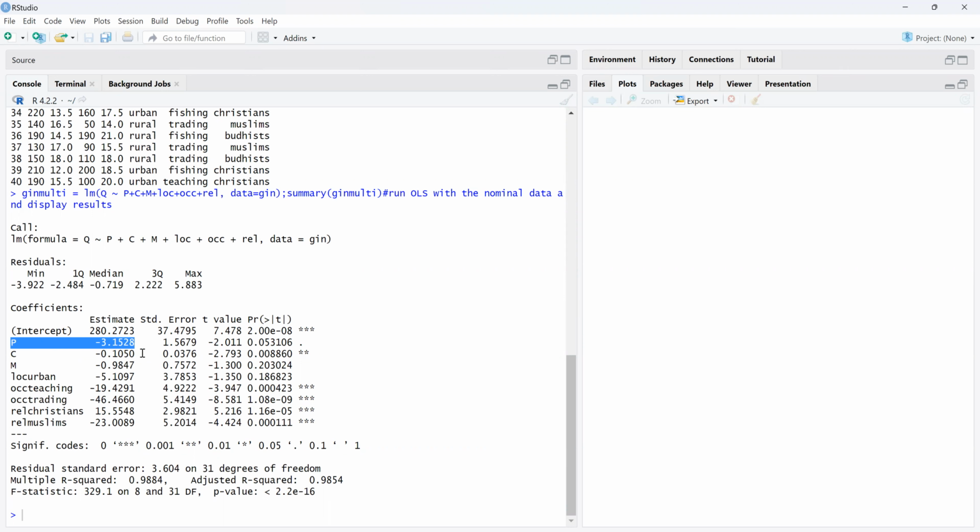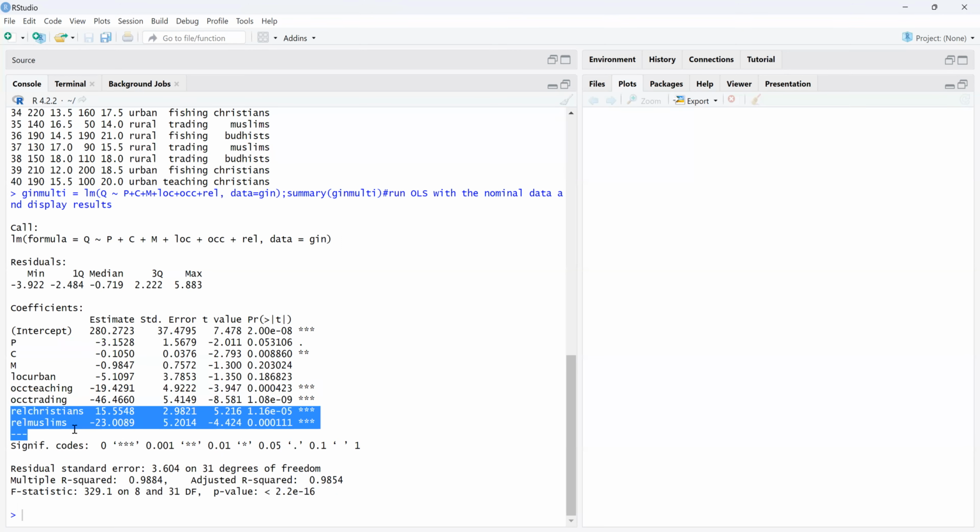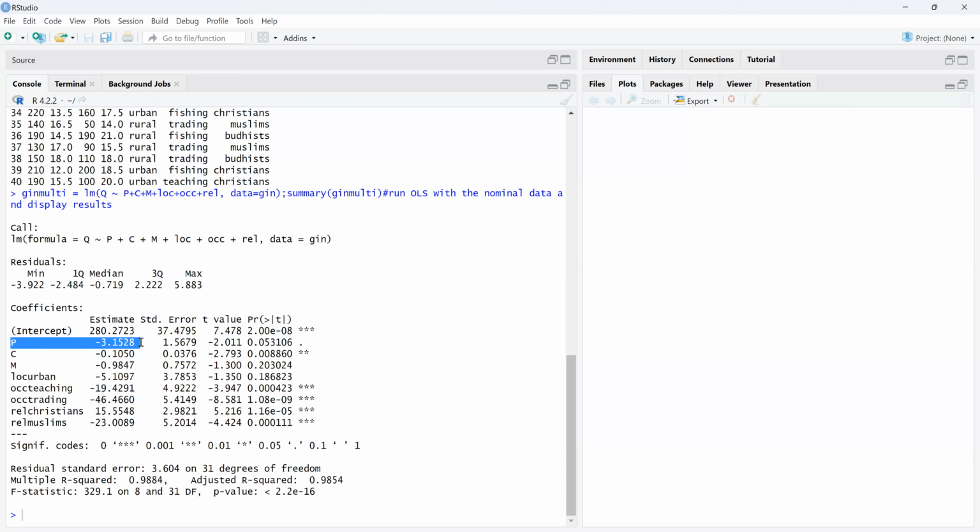So you say on average, given the complement price of gin, which is C, the income of the people, which is M, the location of the shop, the occupation of the people, and the religion of the people, a 1 unit increase in the price of gin reduces the quantity demanded of gin by 3.15 units.